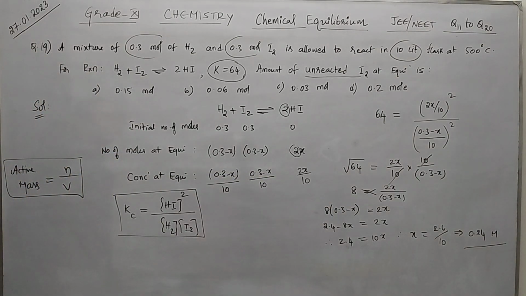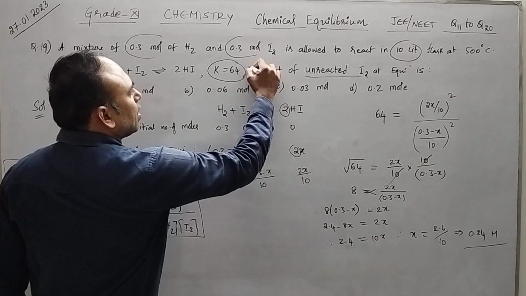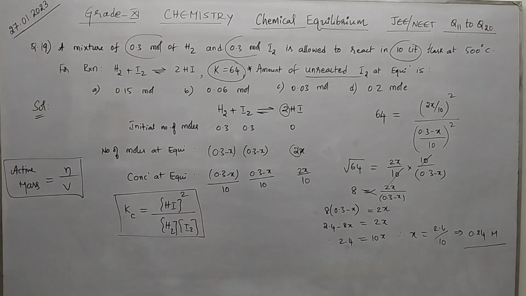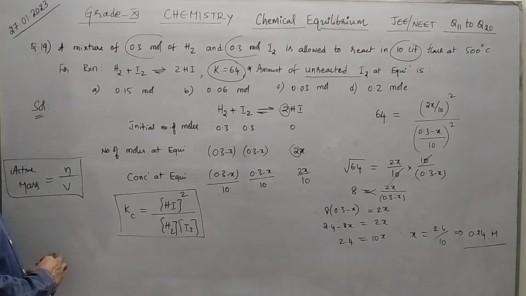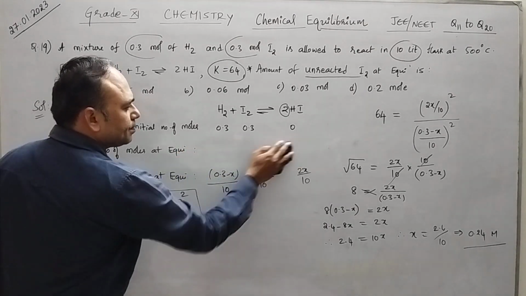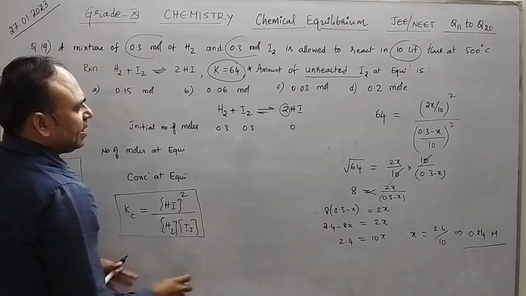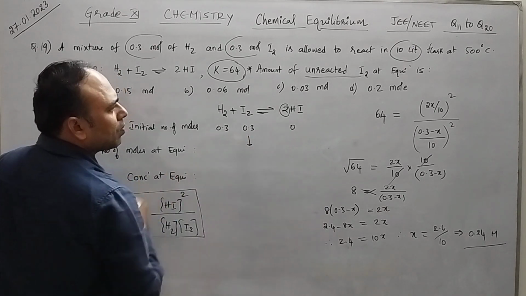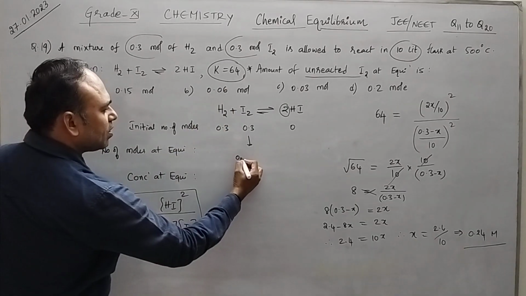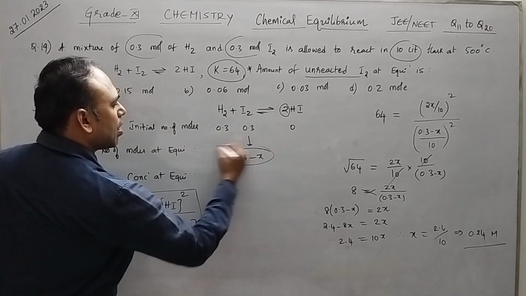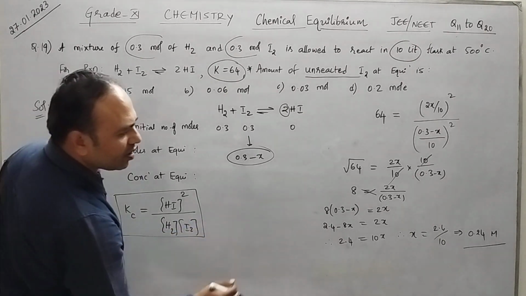Now what is the question? Calculate the amount of unreacted I2. So at equilibrium, what is I2? Let me erase everything. Hope you have taken this. Here they are asking for the amount of unreacted I2 in terms of moles, therefore 0.3 minus x. What is x here? 0.24.